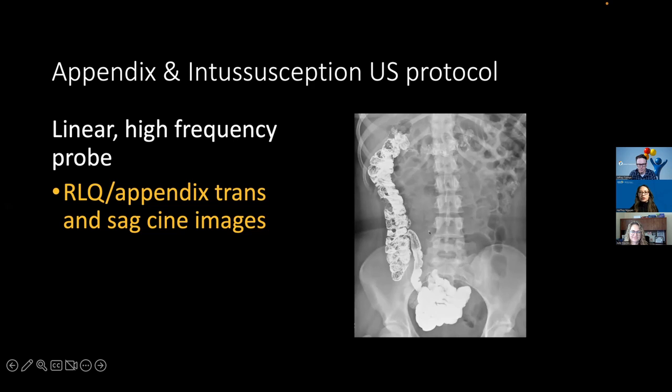So I tend to go down and then a little medial towards the umbilical region, because on CT, we all know the appendix can travel fairly far depending on how long it is. And then this here is the terminal ileum. So those are some of the landmarks I usually use to find either appendicitis or a normal appendix.